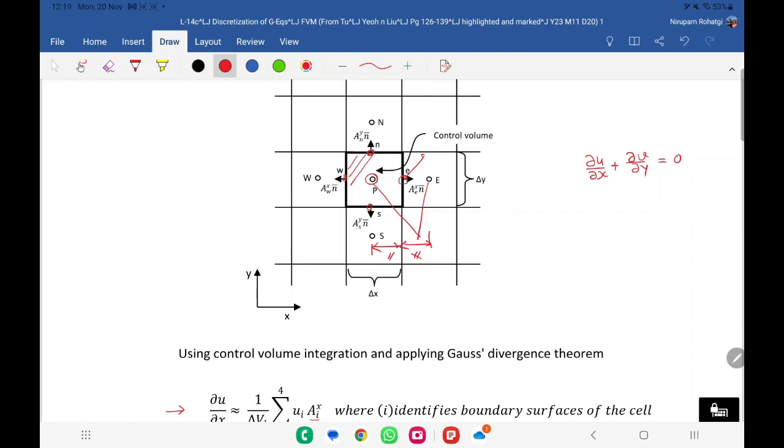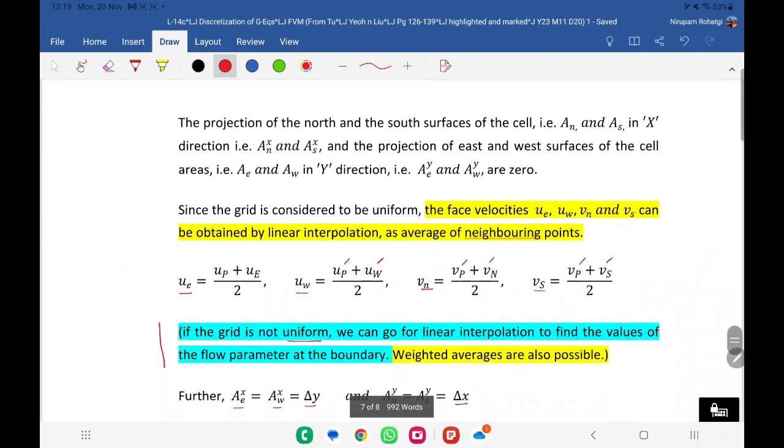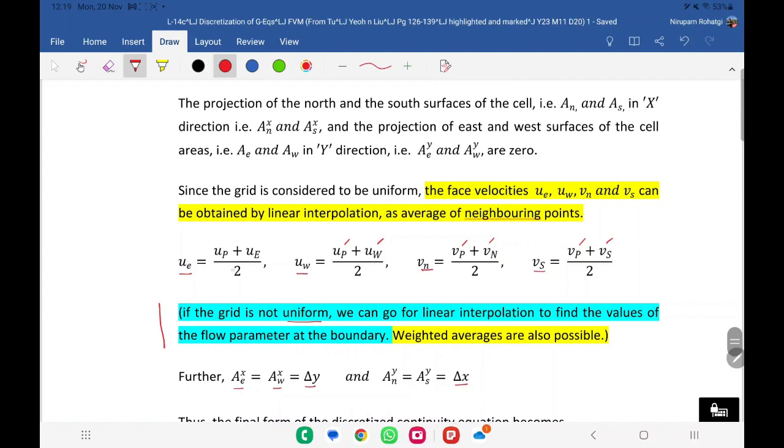So the east point at which you want to find the value and the P point are not equidistant. So you cannot take it at the half. You can take the weighted average. Linear interpolation you can do. So this term, where you are finding UE, UP plus UE by 2, will become a weighted average.